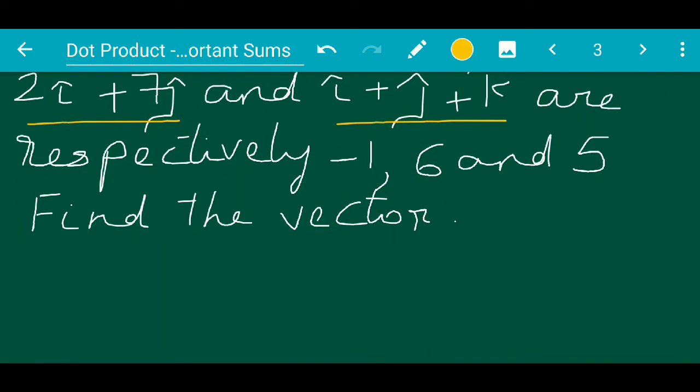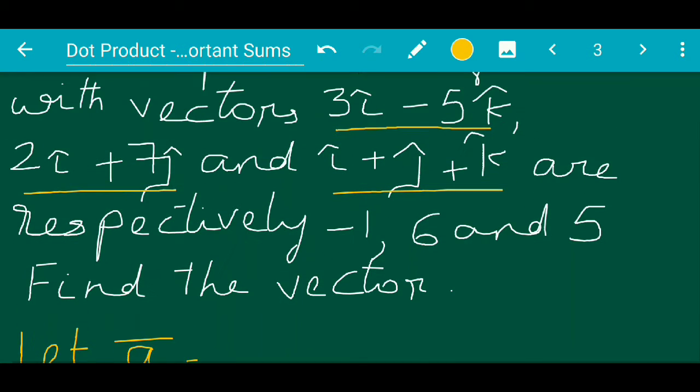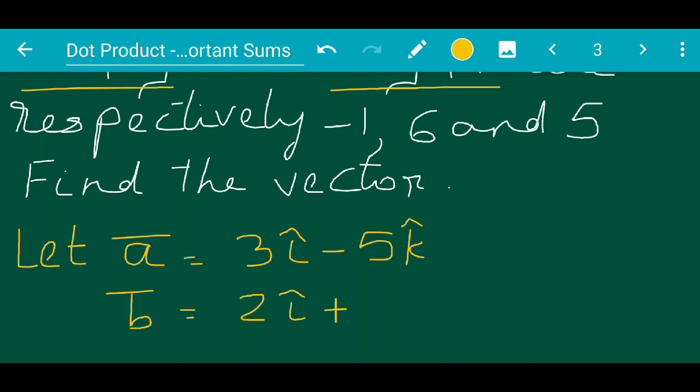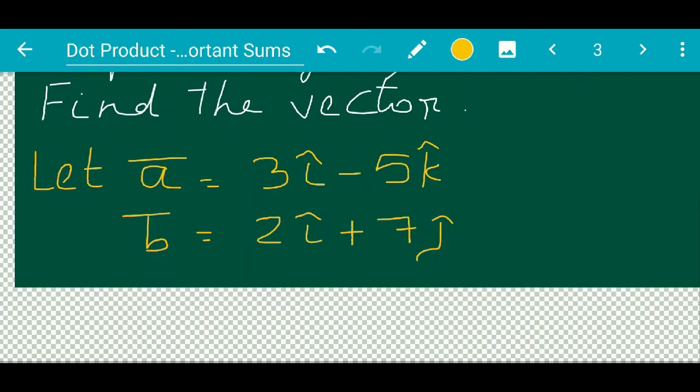So suppose over here we write a bar as the first given vector. Let a bar is equal to the first one, which is 3i minus 5k. B bar is the second vector. And C bar is the third given vector.